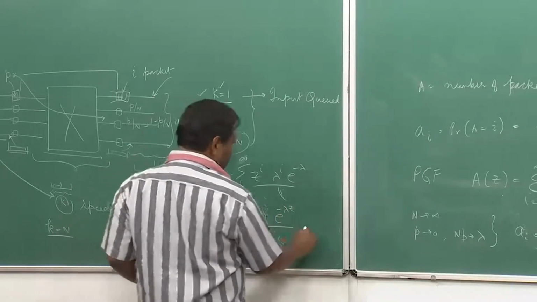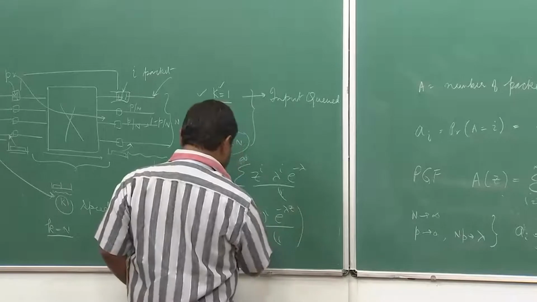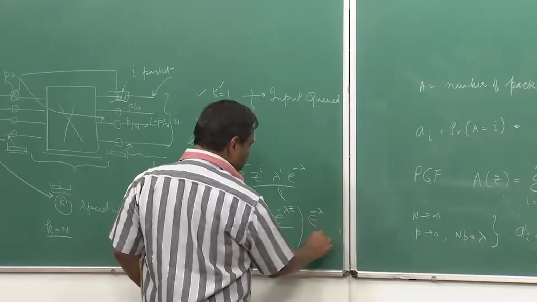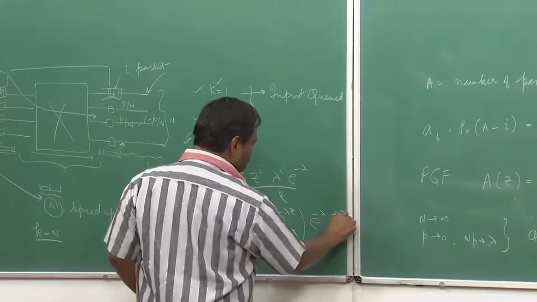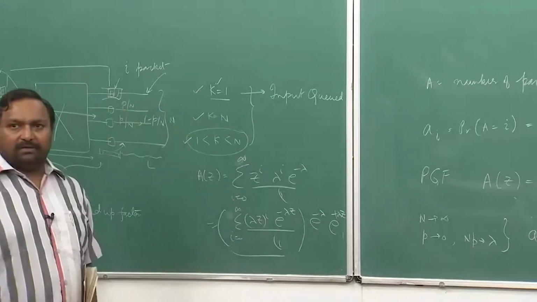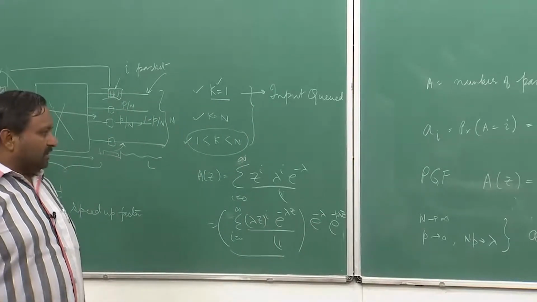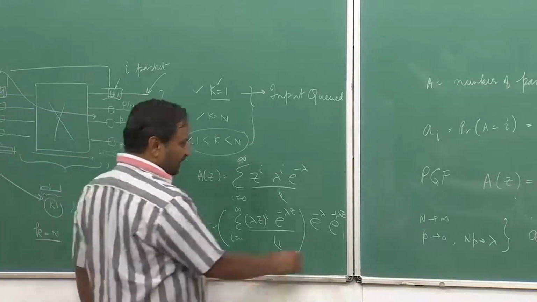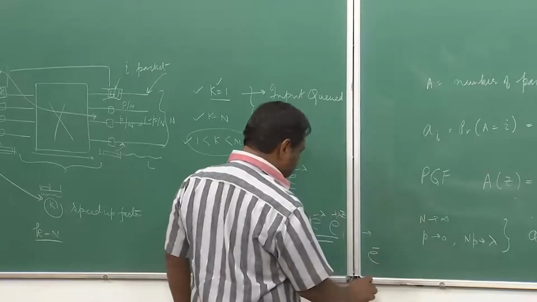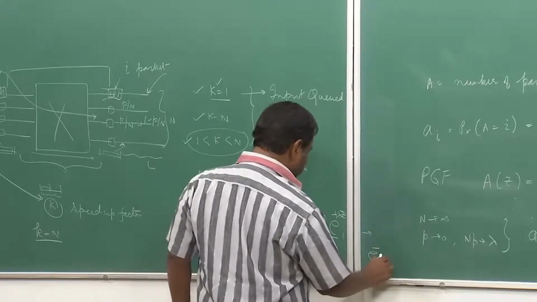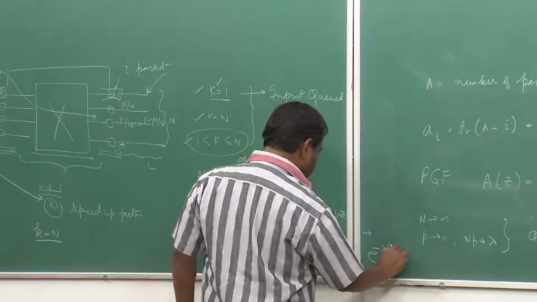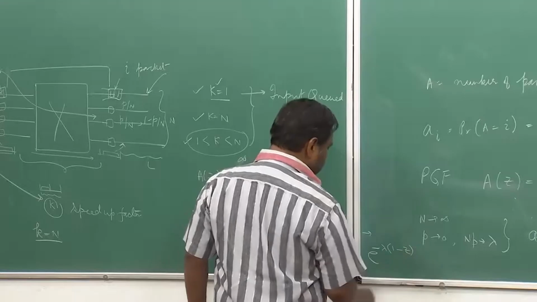We need to take this e raised to power minus lambda out, and the sum gives e raised to power plus lambda z, so this thing will turn out to be 1, which is the identity. So, ultimately your solution will be e raised to power minus lambda times (1 minus z).